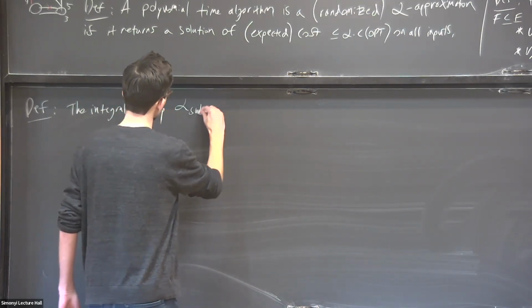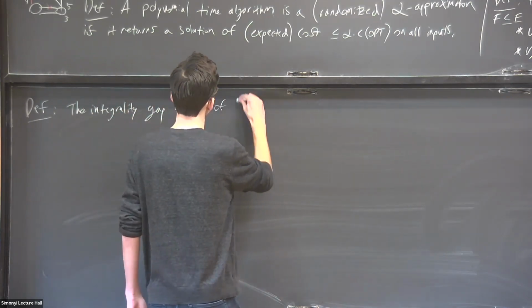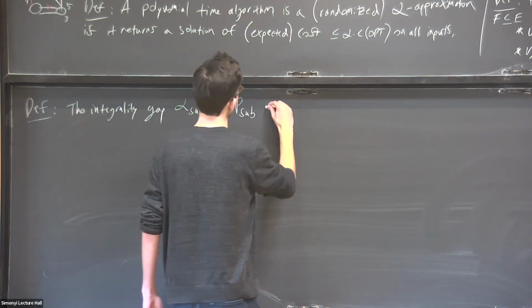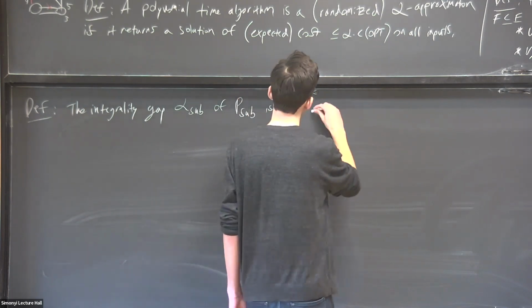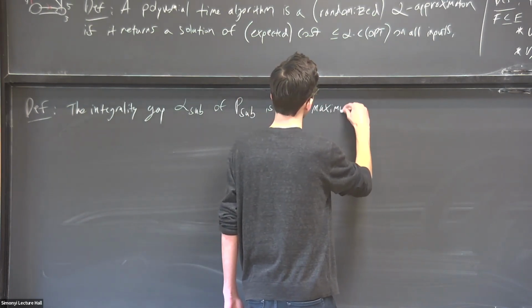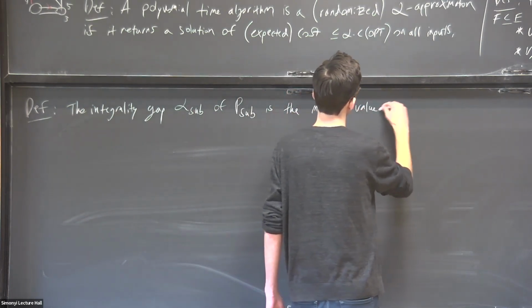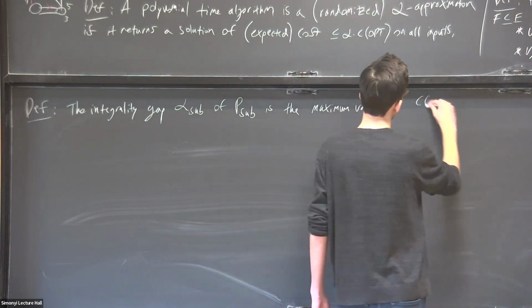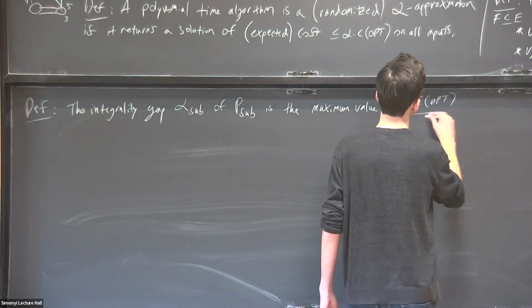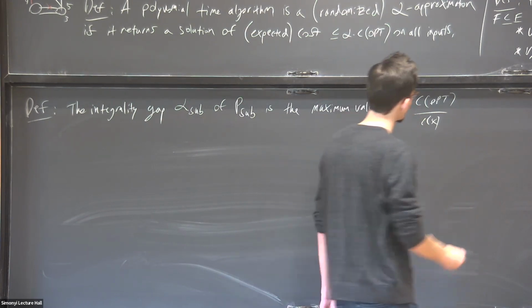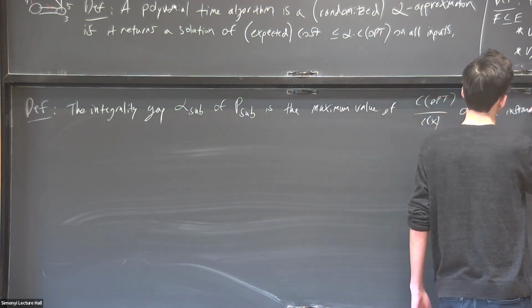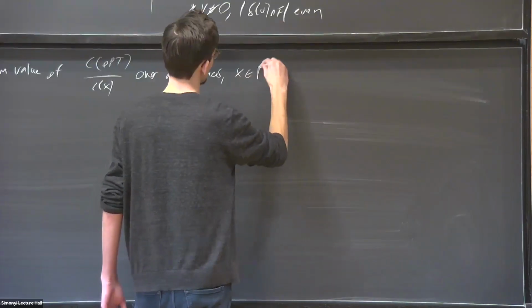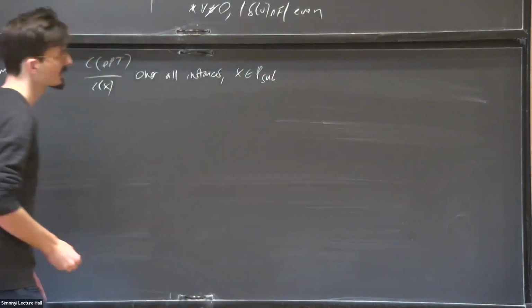I'm going to call it alpha of this polytope: the maximum possible value of the cost of the optimal solution over the cost of x, over all instances and all x lying in this polytope.